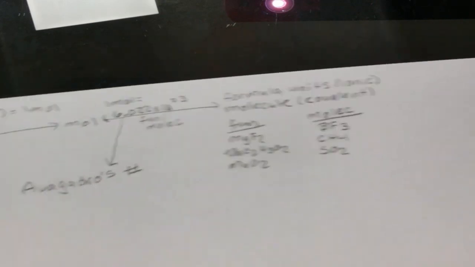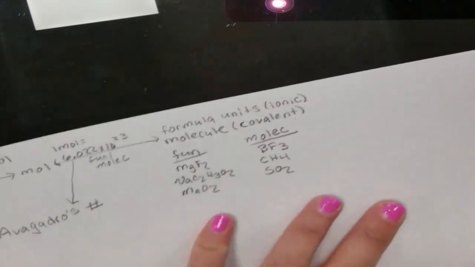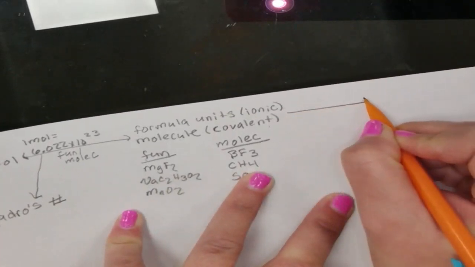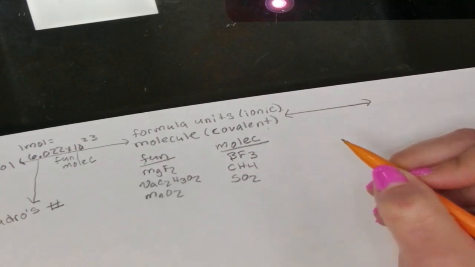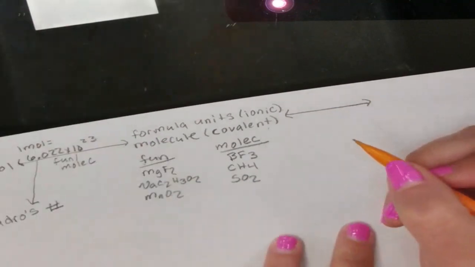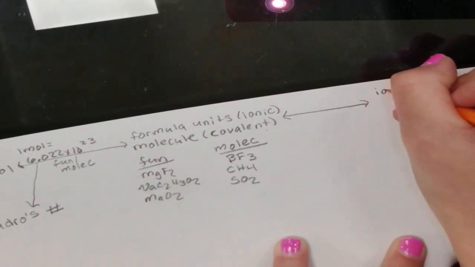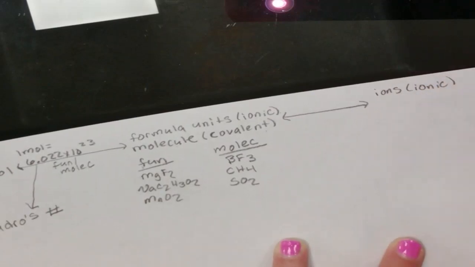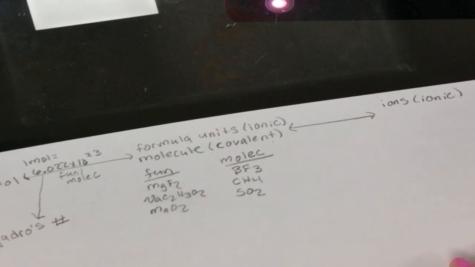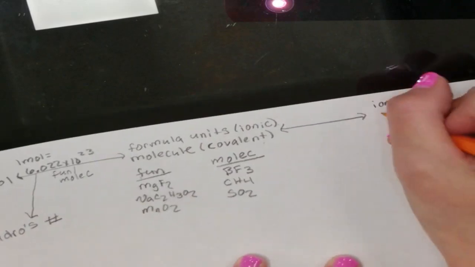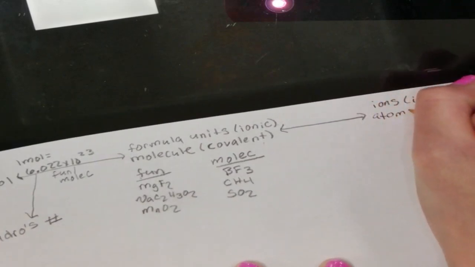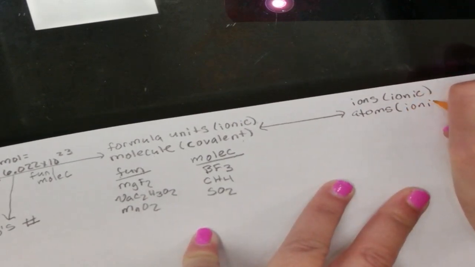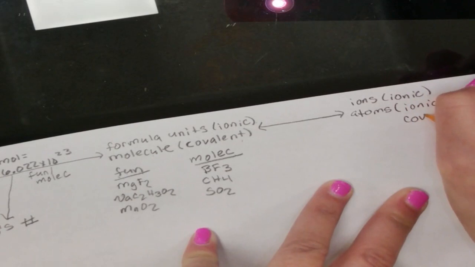Now, from here, we could go to ions, if it is an ionic compound, since ionic compounds contain ions. Or we could go to atoms, in both an ionic and a covalent compound.